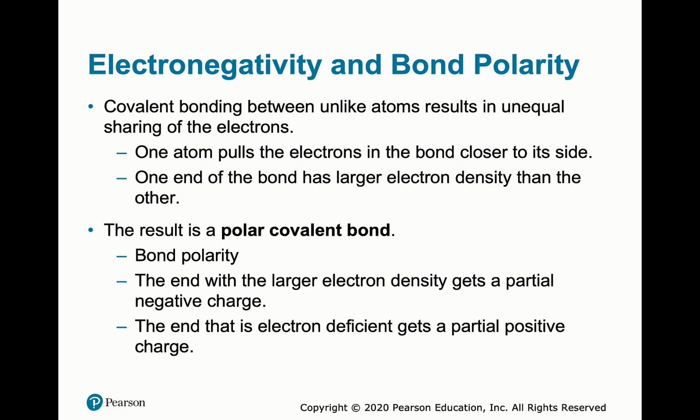The fluorine is pulling more electron density away from the hydrogen, and then it forms what we call a polar covalent bond, where the hydrogen end is electron poor, and it gets a partial positive charge, and the fluorine has extra electron density, and we give it a partial negative. So what do I mean by partial? I mean less than 1.6 times 10 to the minus 19 coulombs.